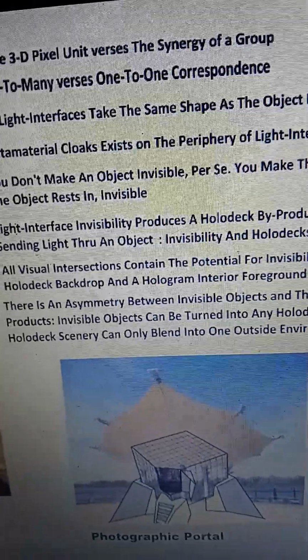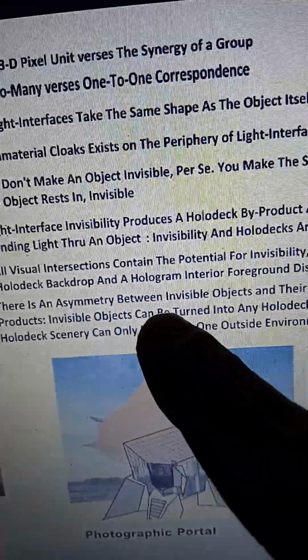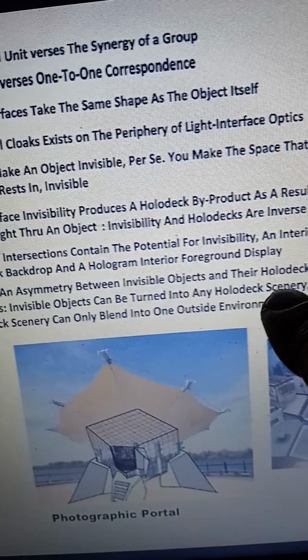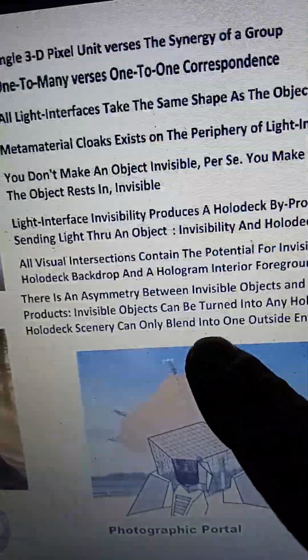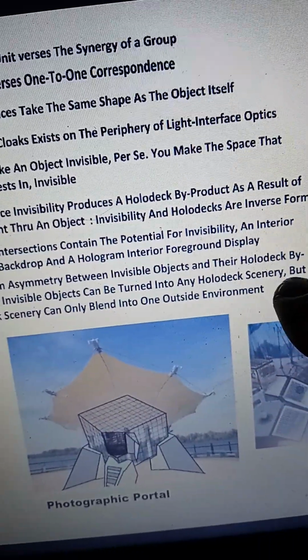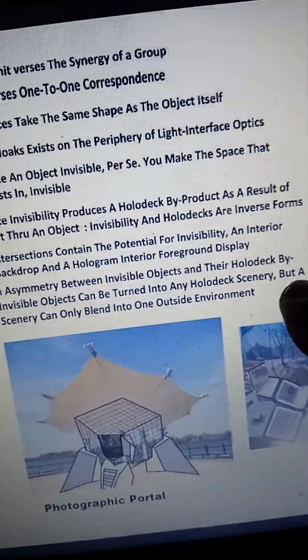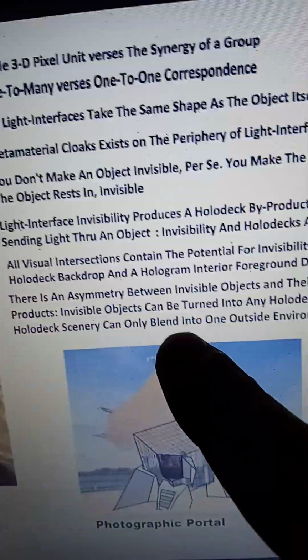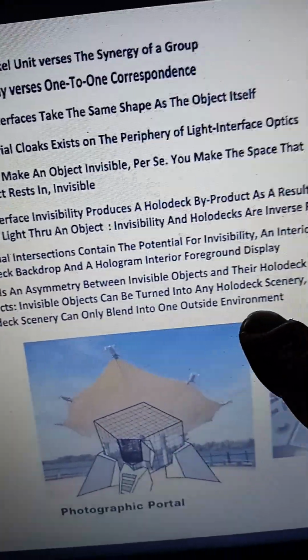And lastly, there is an asymmetry between invisible objects and their holodeck byproducts. Invisible objects can be turned into any holodeck scenery, but a holodeck scenery can only blend into one outside environment.